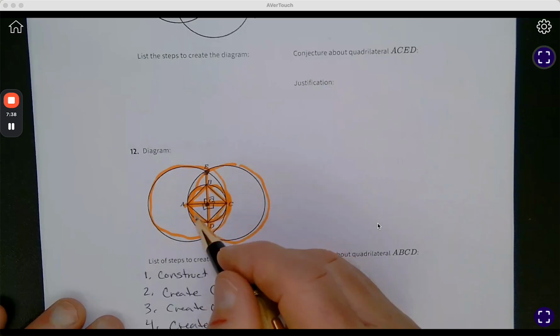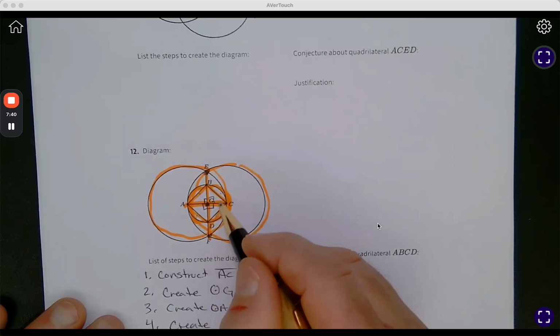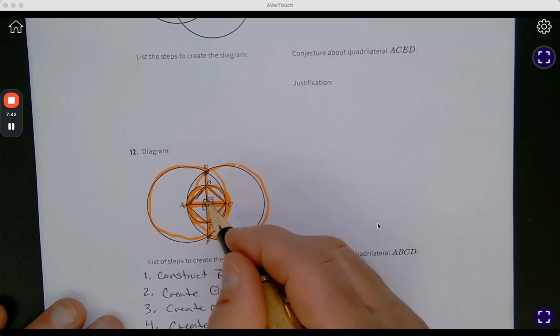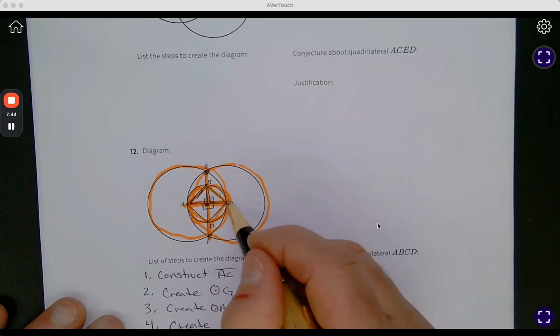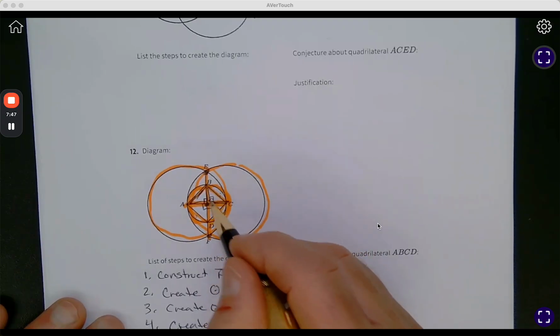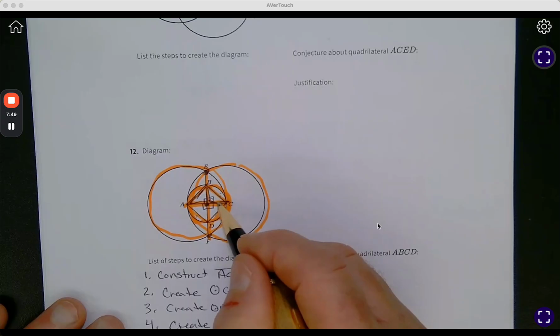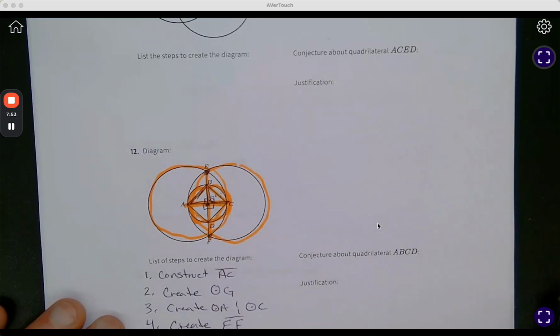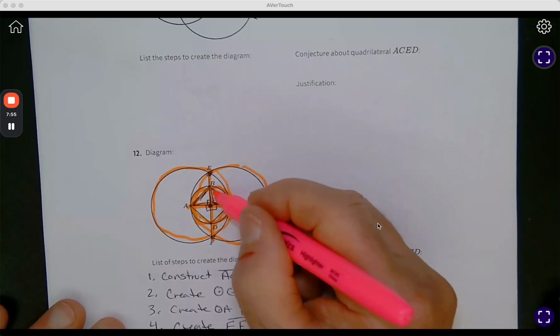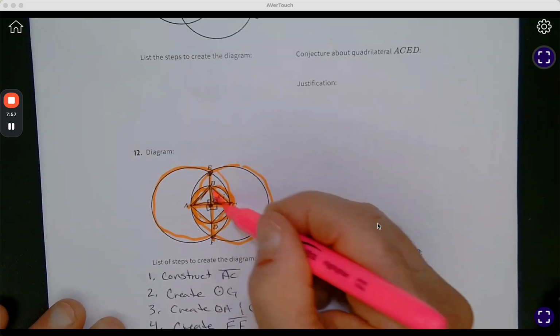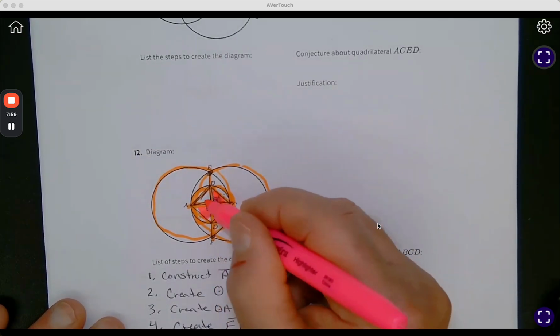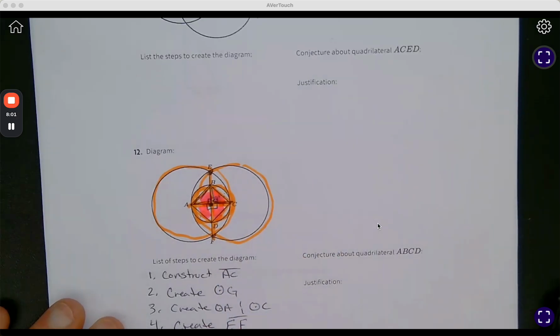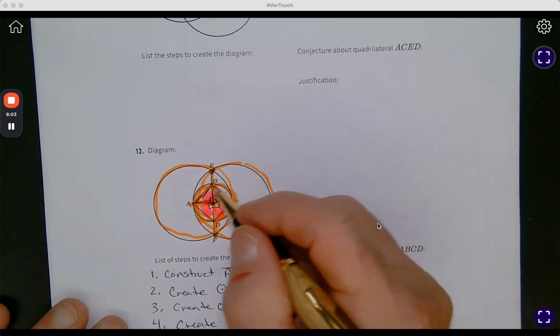So that means all these triangles are equilateral triangles. So this triangle is equilateral, this triangle is equilateral because these are radii, right? And this is an angle. So by side, angle, side, that triangle is congruent to this triangle, is congruent to this triangle, is congruent to this triangle. So if they're congruent, that means corresponding parts are congruent.